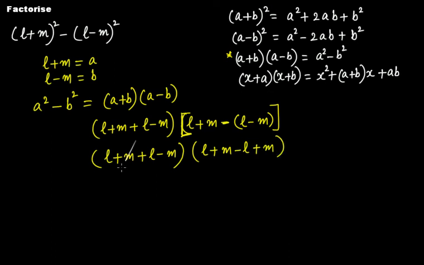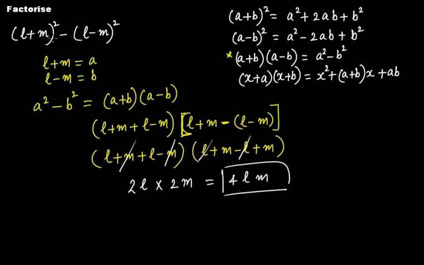Now plus m and minus m is 0, plus L and minus L is 0. You have 2L multiplied by 2m. Therefore this is 4lm. This is the required factorization of this algebraic expression.